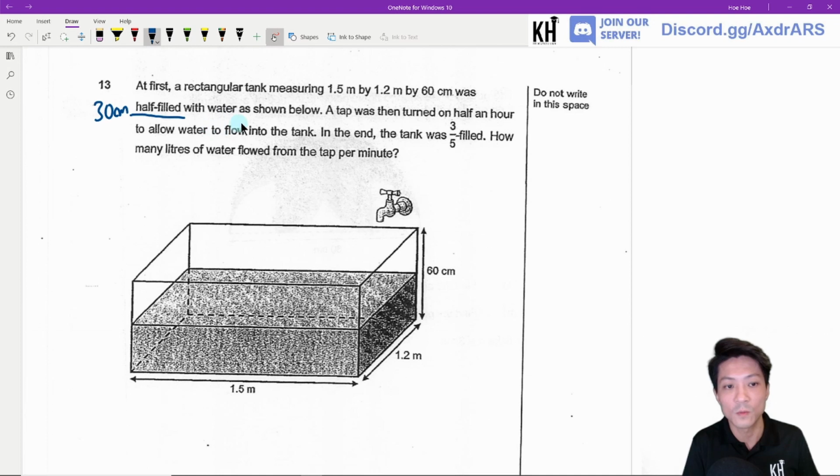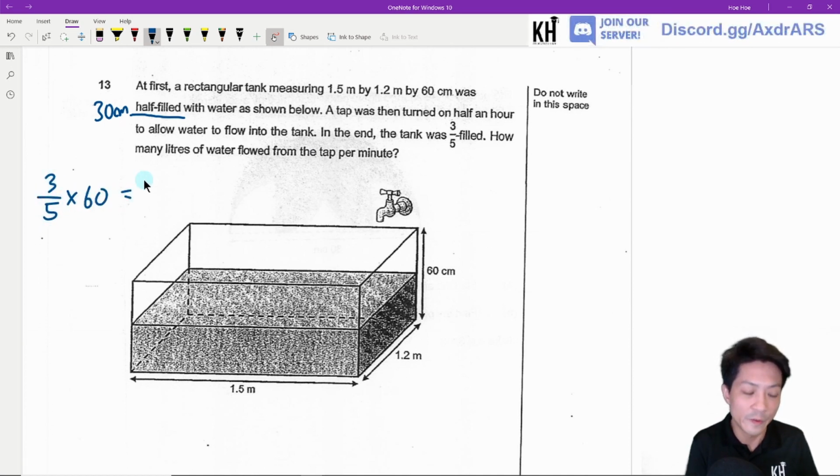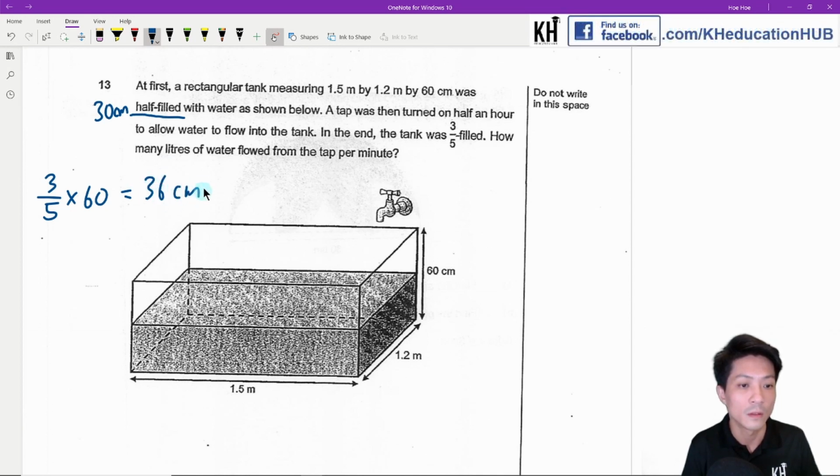Then after that, some water flowed into the tank. In the end, the tank was 3/5 filled. So I'm going to find out the height of the water when it is 3/5 filled. The height of the water when it is 3/5 filled will be 36 cm.